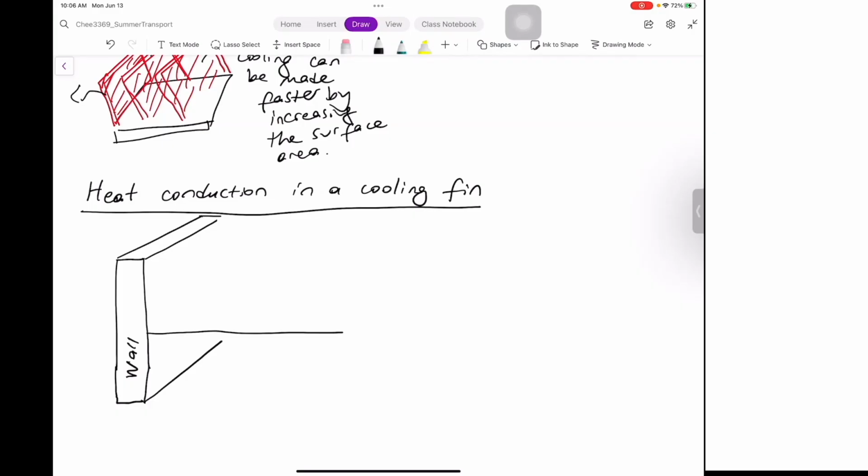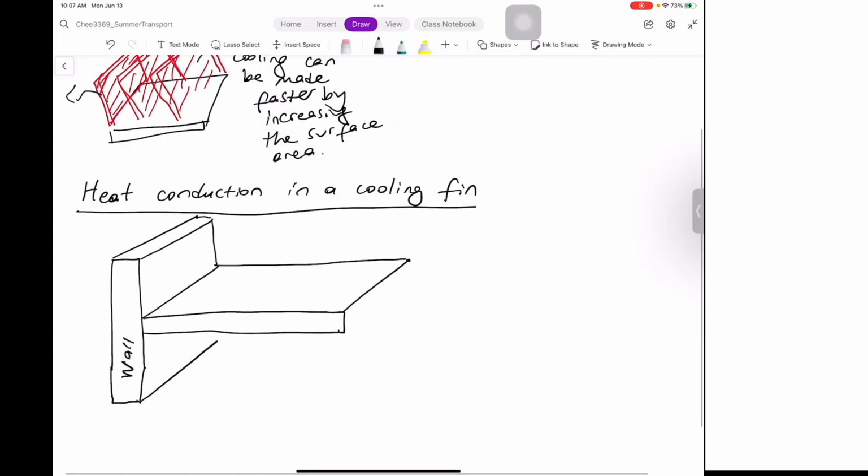And this is your extension. This is the extension of the structure.